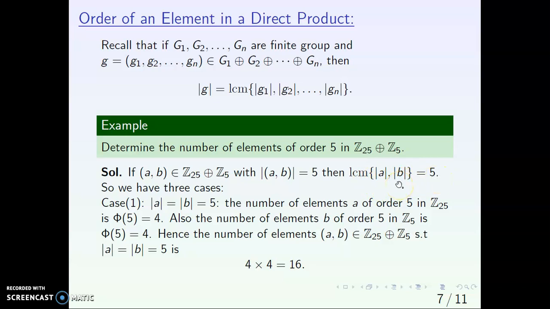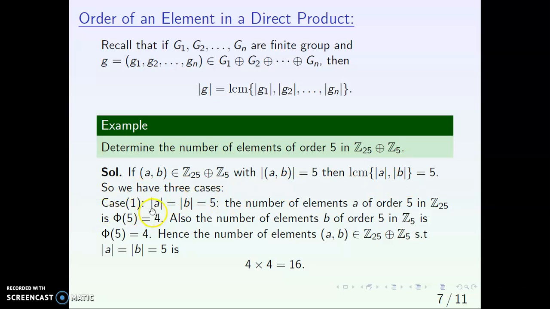So we have three cases. Case 1, order a equals order b, and this equals 5. In this case, the least common multiple of order a and order b is 5. The second case, order a equals 1, order b equals 5. Third case, order a equals 5, order b equals 1. So we have three cases.